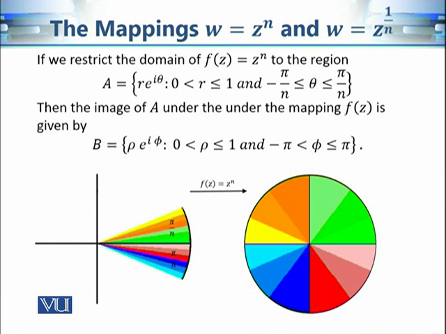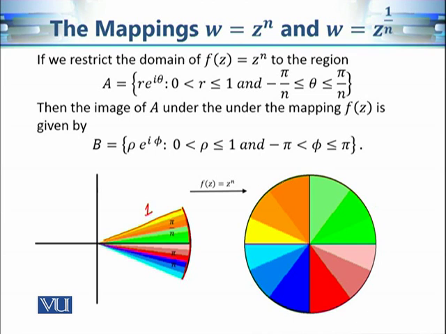So this is part of the disk, a set of all complex numbers following this angle, and the modulus is less than or equal to 1. So this distance is 1. When we apply this mapping, if r lies between 0 and 1, then of course rho lies between 0 and 1.